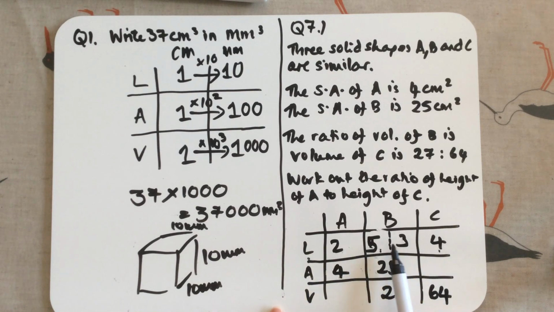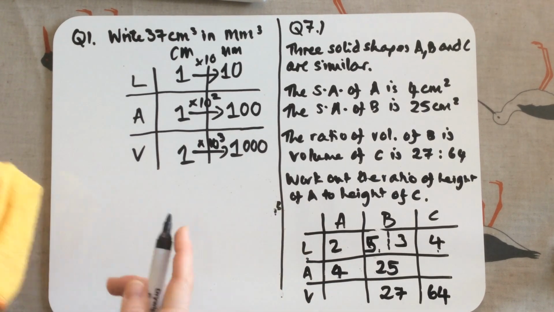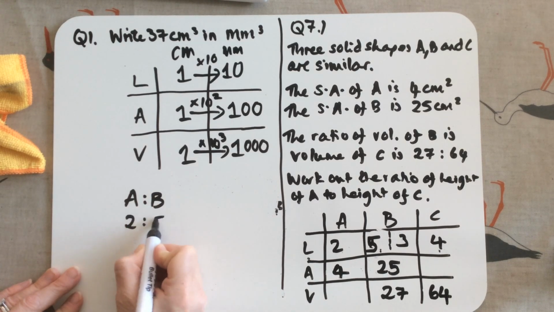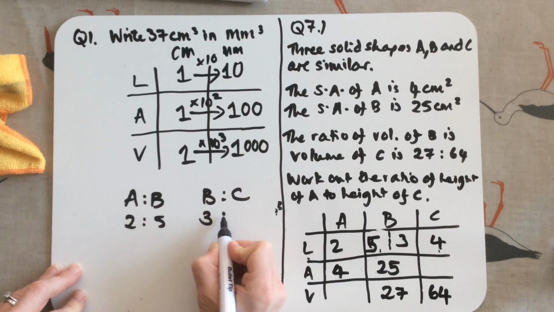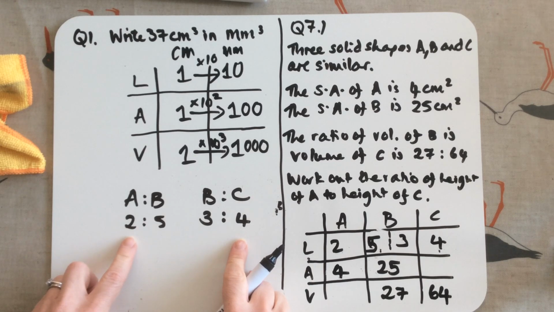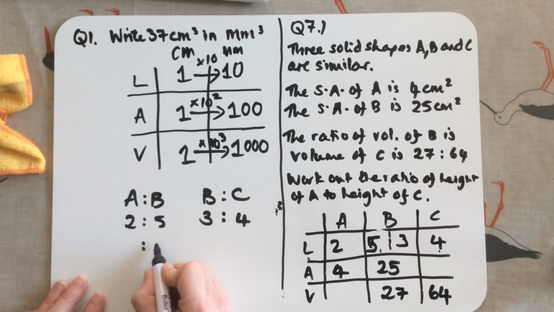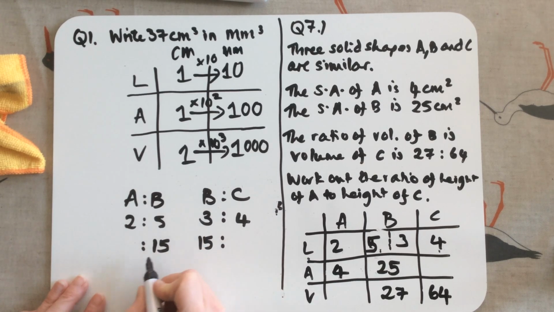So these are the ratios that I'm after, but I have got 2 ratios. One for A to B, which is 2 to 5, and one for B to C, which is 3 to 4. And I need to combine these two so that I can pick out the ratio for A to C. And the way to do that is to make these two the same. So I'm going to make those both 15 because that is the lowest common multiple of 5 and 3.